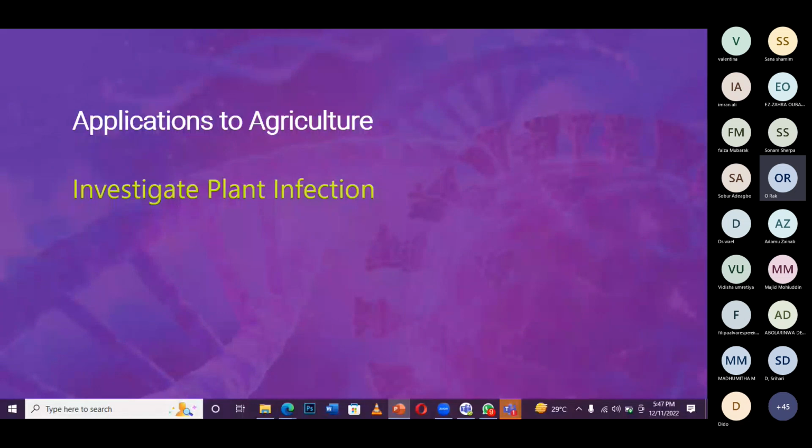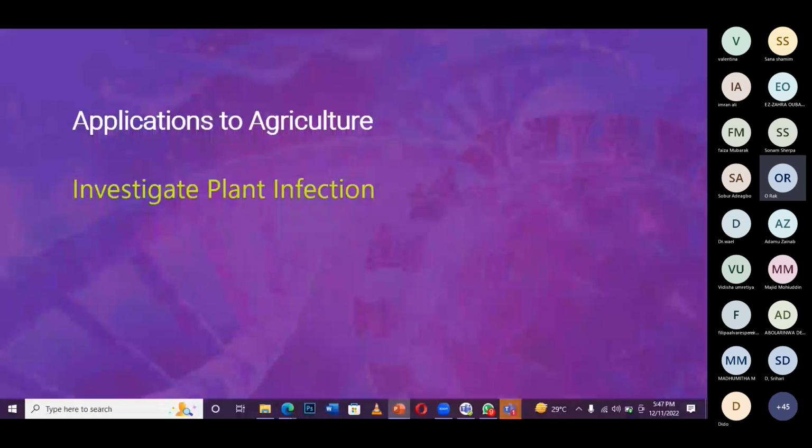It shows that when you target that particular site or gene, you'll probably be able to inhibit or kill the pathogenic bacteria in question.